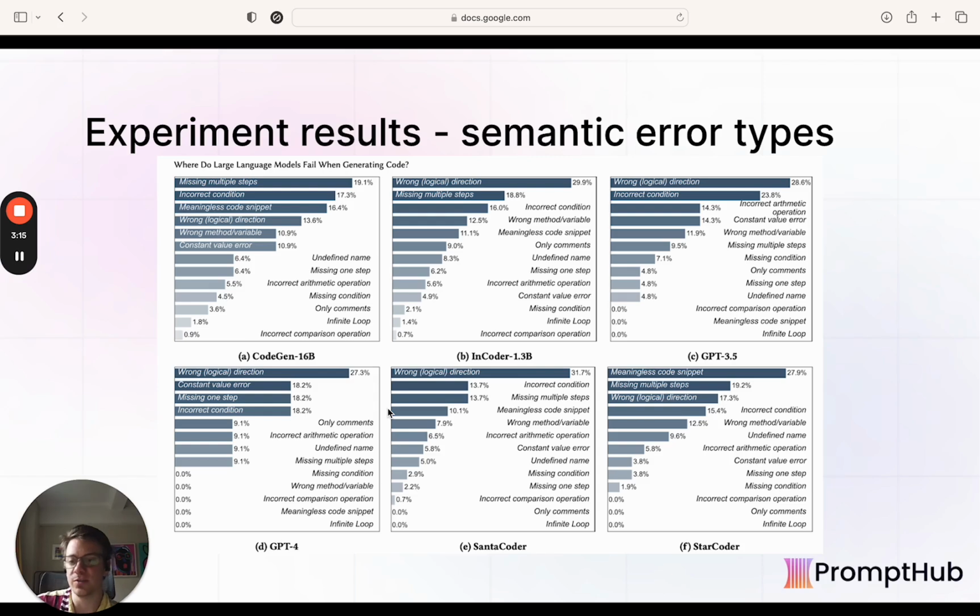Credit that to the larger models seeing more code and being smarter at this type of stuff. The larger models tended to do more constant value errors, which we can see here, and pretty high up for 3.5 as well. And you can see GPT-4 overall performs the best.